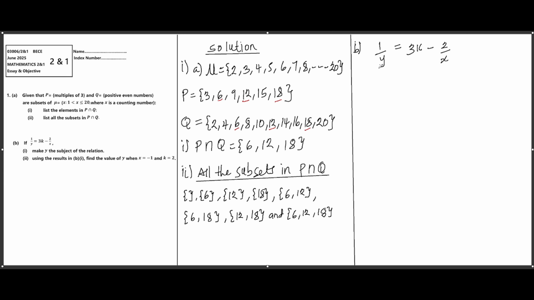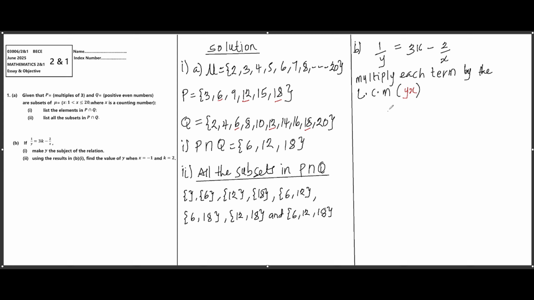So to make y the subject, we have to multiply each term by the least common multiple, that is the LCM. So what is the LCM for this relation? The LCM will be the product of the denominators, that is y by x. When you multiply y by x, we get yx or xy. So any of them is right. So that is the LCM.